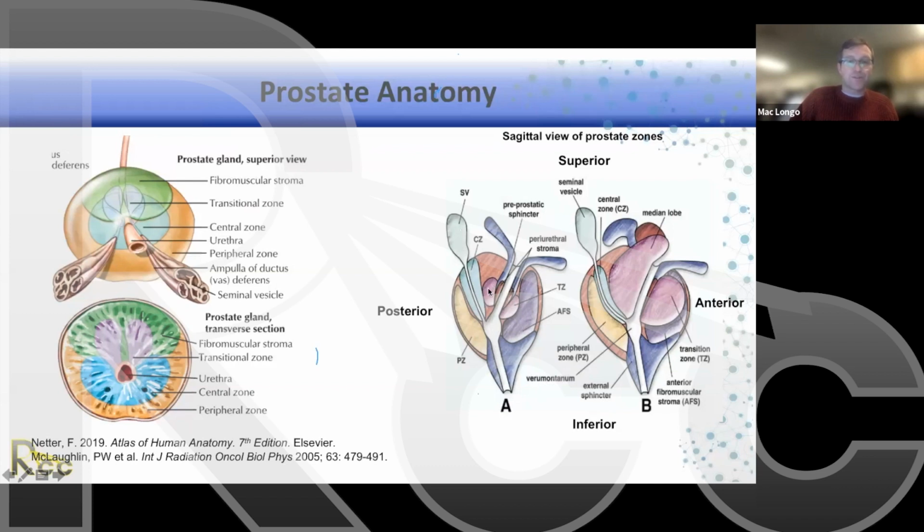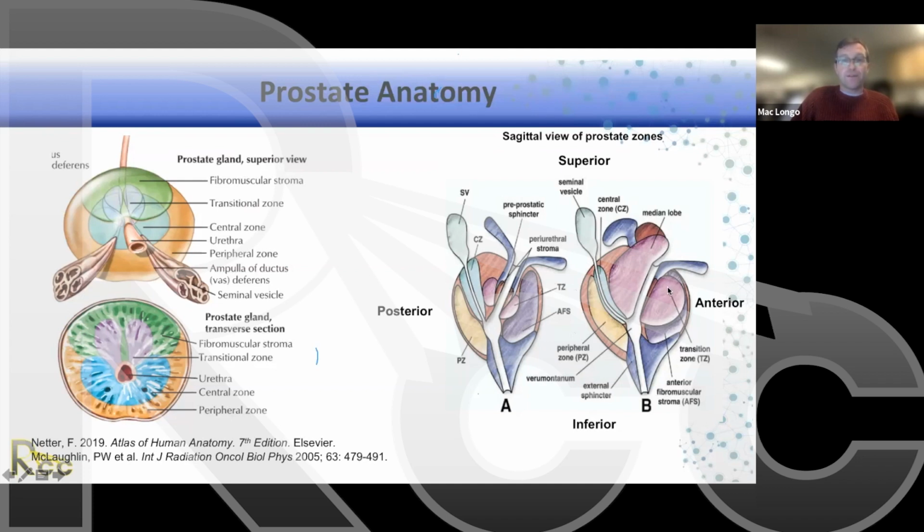This zone in particular can have a dramatic impact on prostate anatomy and subsequent treatment volumes. As we move to the cartoon on the right here, again, this is a sagittal view of a prostate.